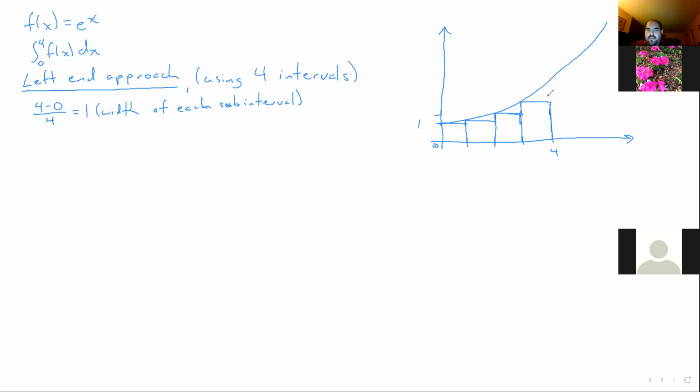So how would I find the areas of these 4 rectangles that I just drew? Wouldn't it just be f of n plus 1 times 1? You have f of 0 times 1, and f of 2 times 1, and f of 3 times 1.